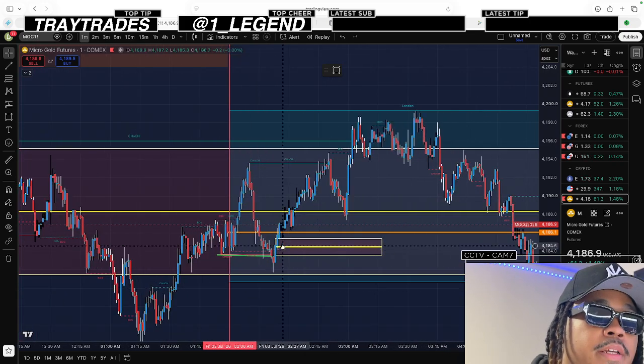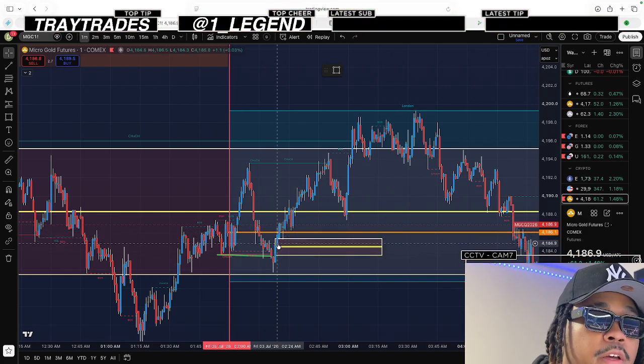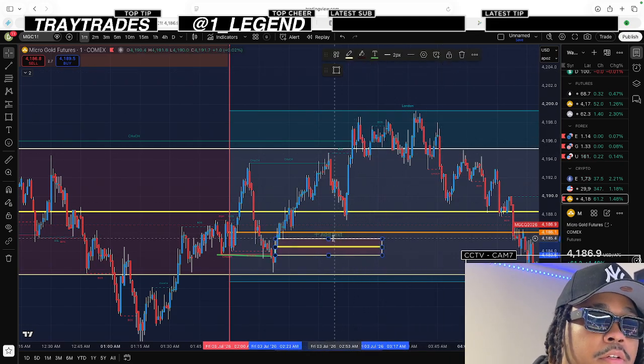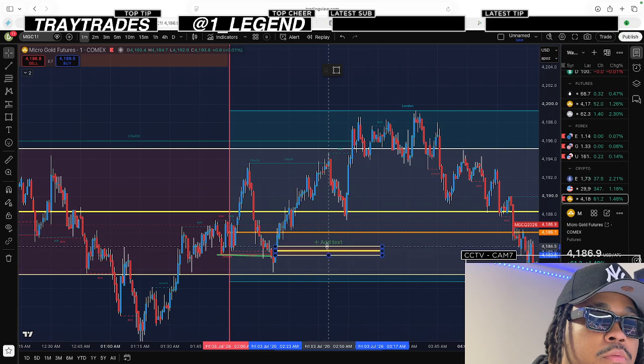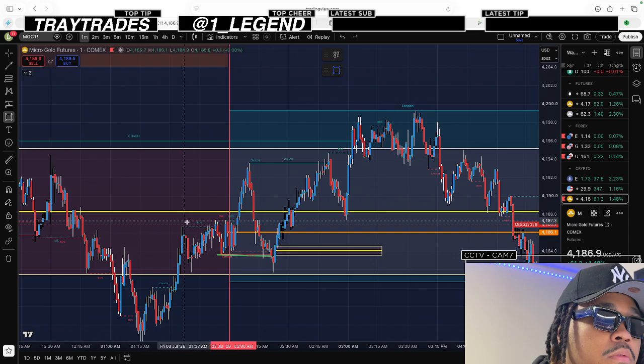Now, if you're looking at this and you see this candle close and you see this fair value gap and you see this fair value gap, let me just put two boxes there so you guys can see what I'm seeing. Boom.